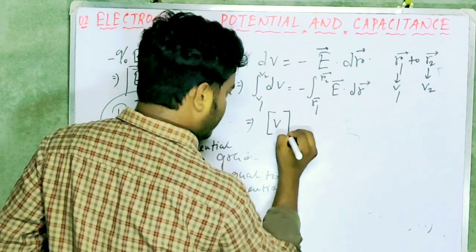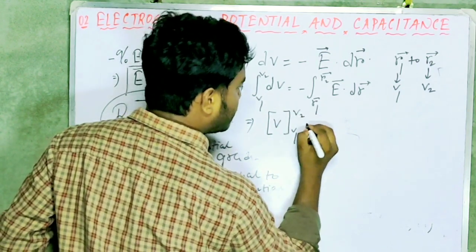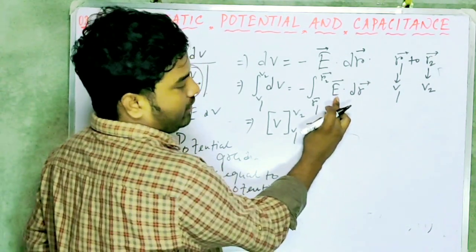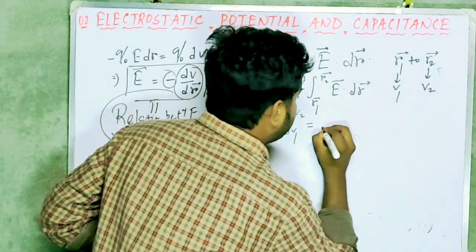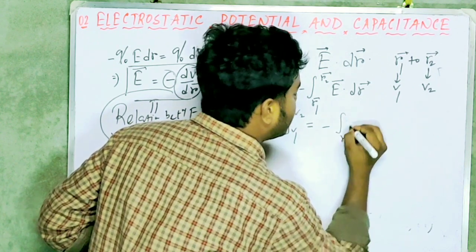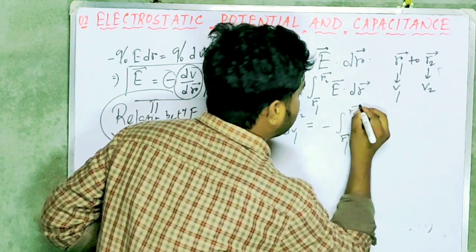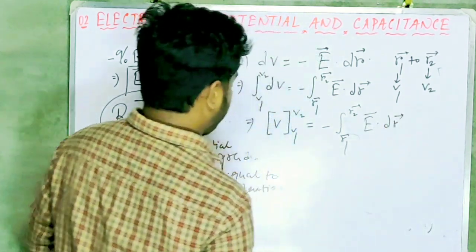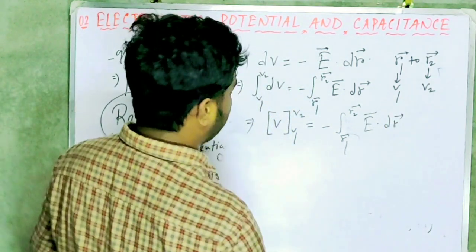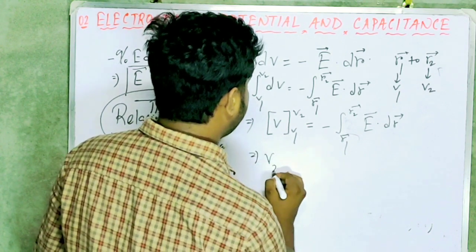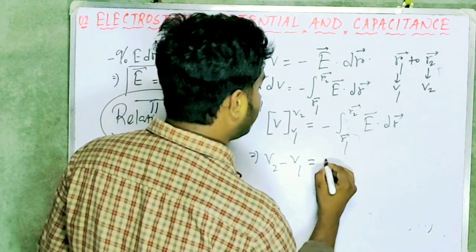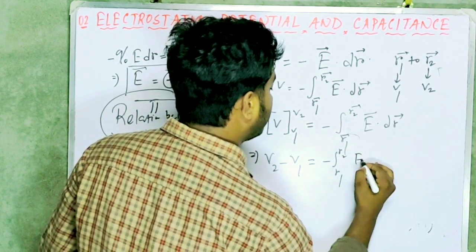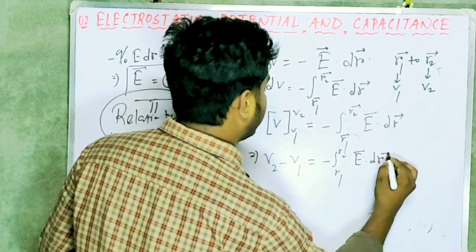The integral of dV is from V1 to V2, and the right side stays the same, E dot dr. So the potential difference, V2 minus V1, will be minus the integral from R1 to R2 of E vector dot dr vector.